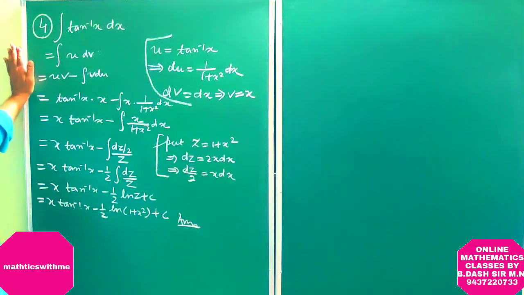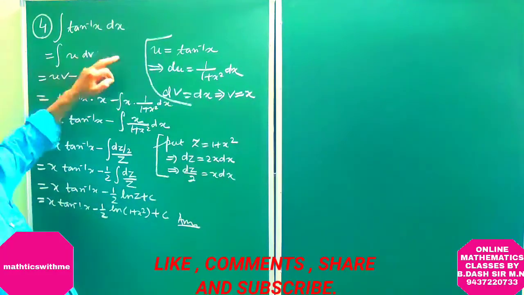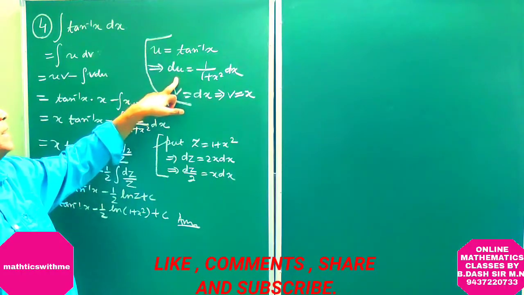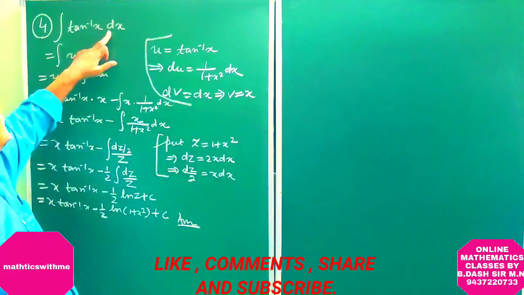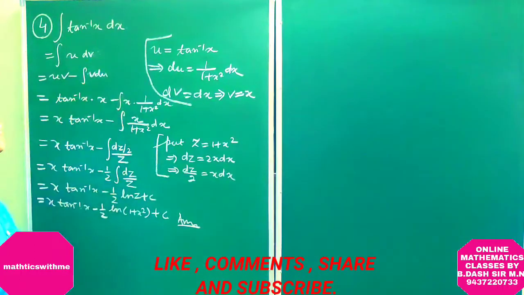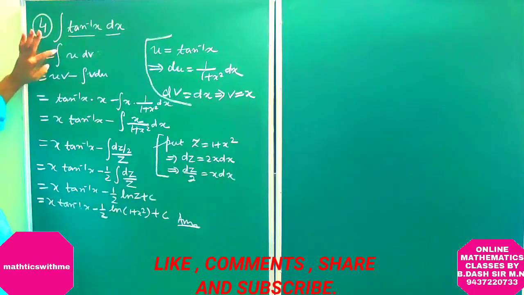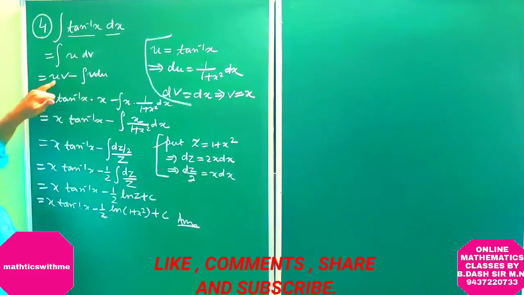So here we have to integrate tan inverse x dx. In order to integrate this integral, let us take u equal to tan inverse x. Then du is equal to 1 by 1 plus x square dx. Next, dv is equal to dx, by which we get v equal to x. Now the integral is equal to the integration of u dv, which is uv minus the integration of v du.